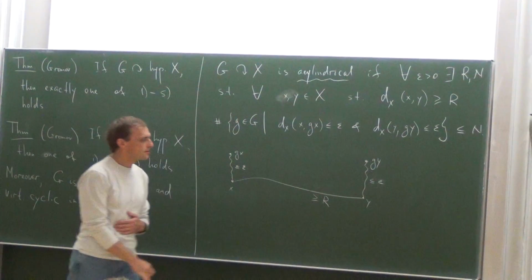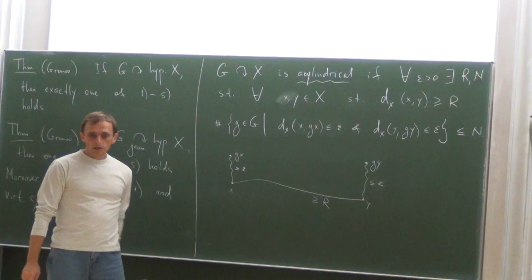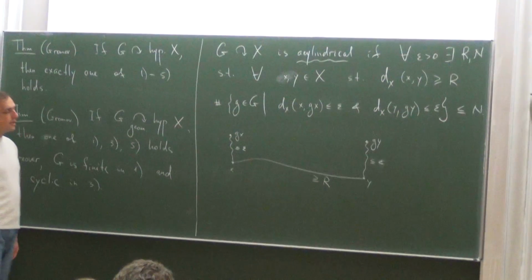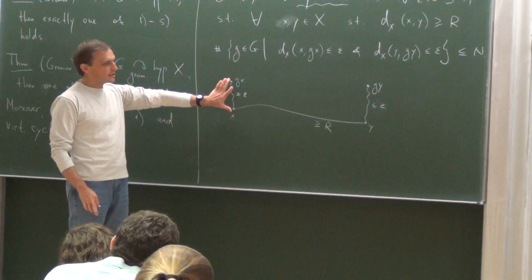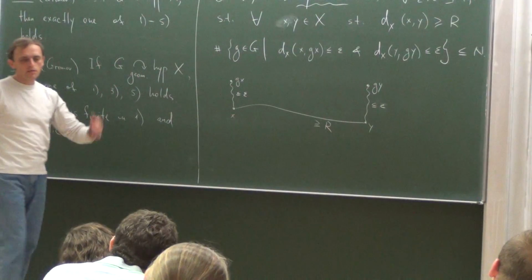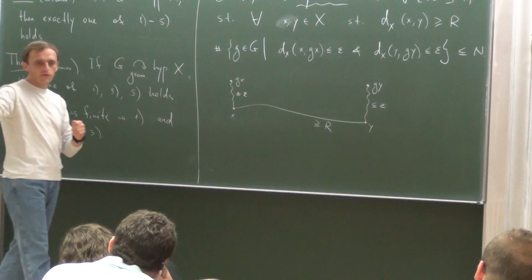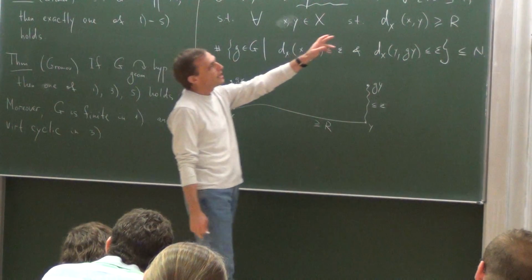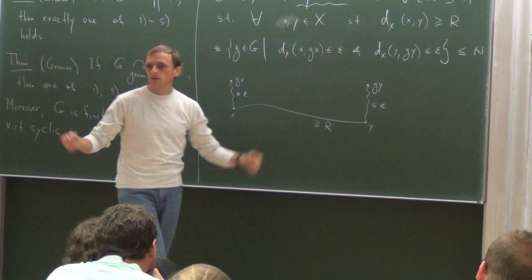So this is at most epsilon, that is at most epsilon. And there are only finitely many such elements g. So in other words, for all but finitely many elements g, if g almost fixes x, it should move y a lot. You can think of this as some sort of properness for the action of G on X cross X minus a thick diagonal. So when you exclude elements within small distance from each other, basically you exclude the thick diagonal.